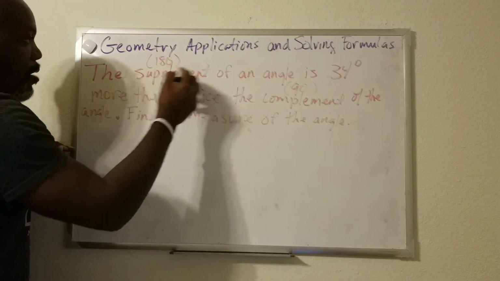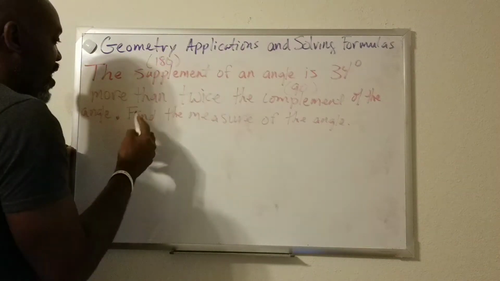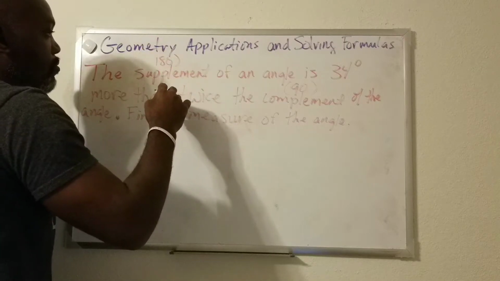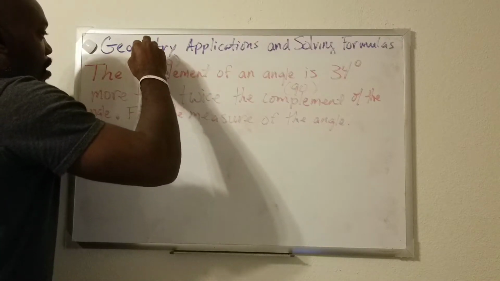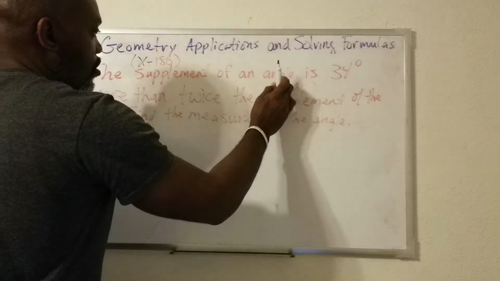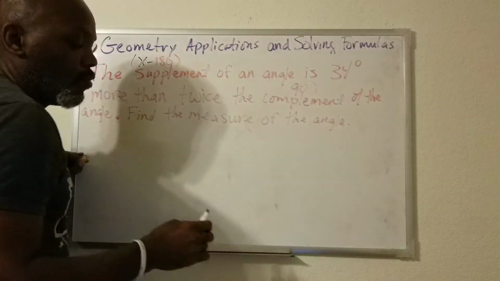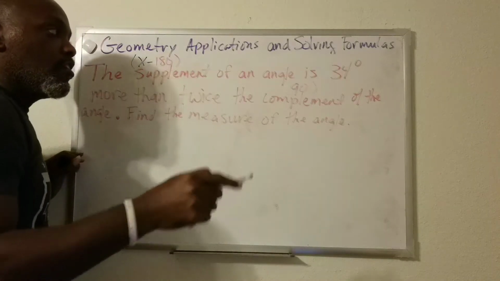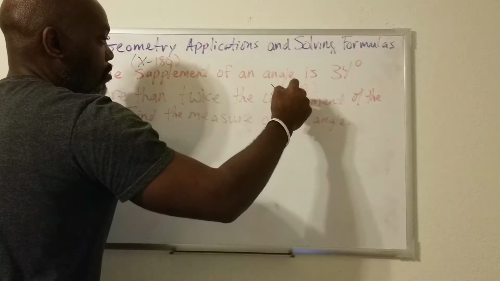All right, so the supplement means that if we want to know the supplement of an angle, we have to say x minus 180. Okay, because if we know what one of the degrees is, we can subtract and find out what the other degree is.